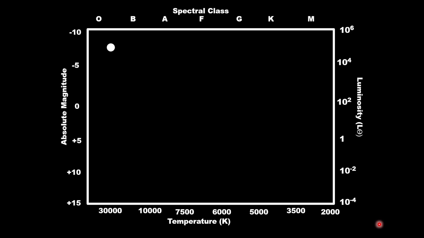And if you remember, what Hertzsprung and Russell were sort of expecting to find was that there would be a direct relationship, that the hotter the star, the more luminous, more energetic the star is. So they were expecting something that would look like this.